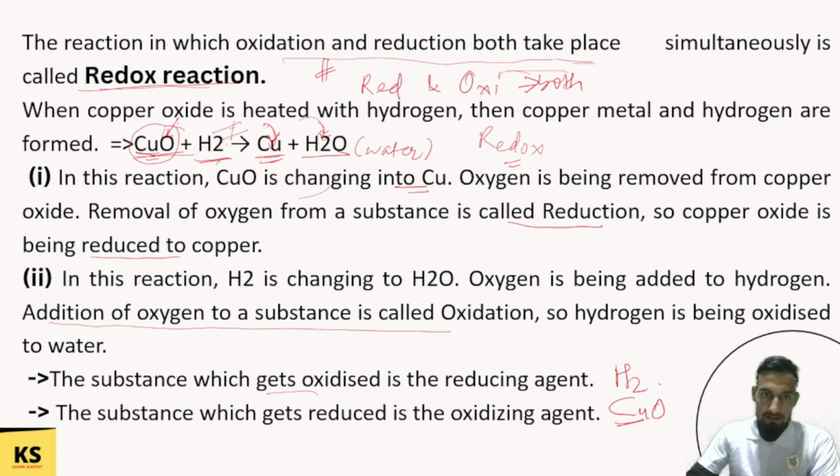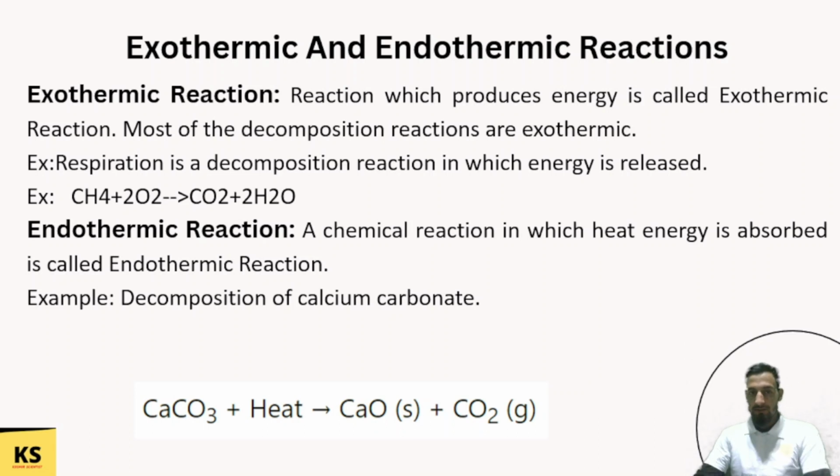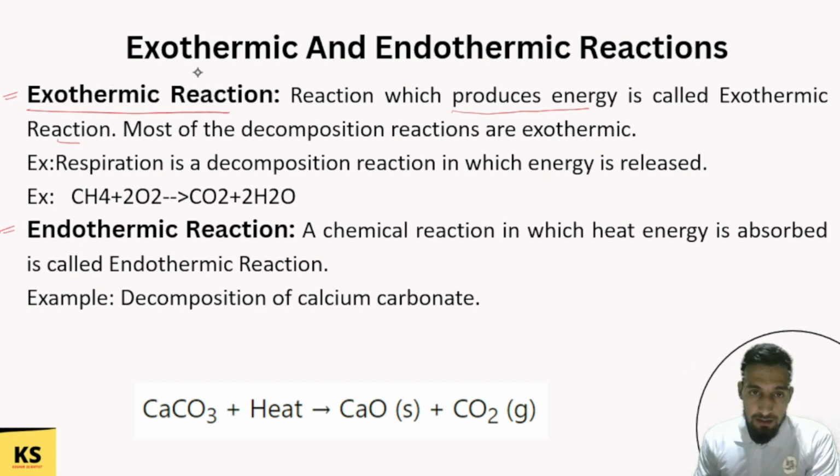Now coming to the next type of reactions, that is exothermic and endothermic reactions. Exothermic reactions are those reactions which produce energy. When the reaction takes place, there is evolution of energy.